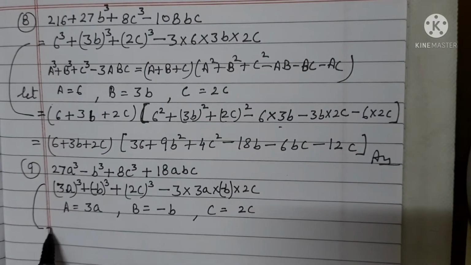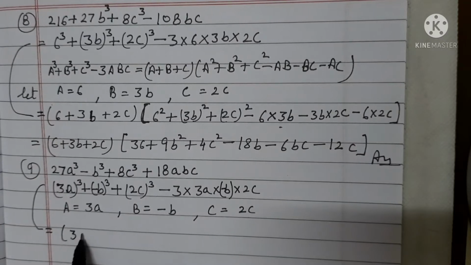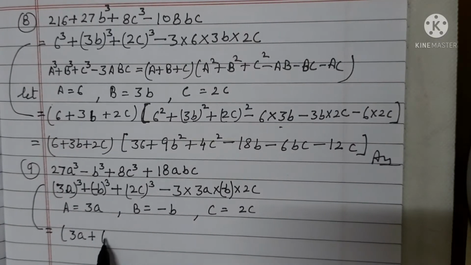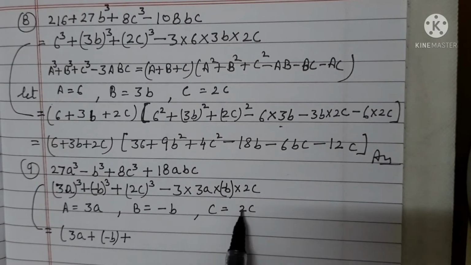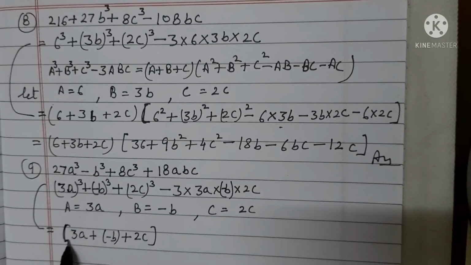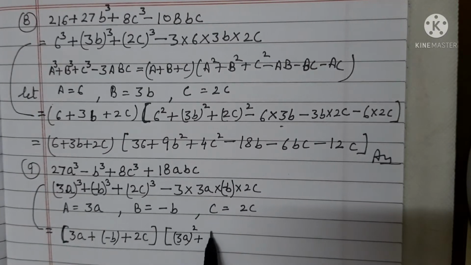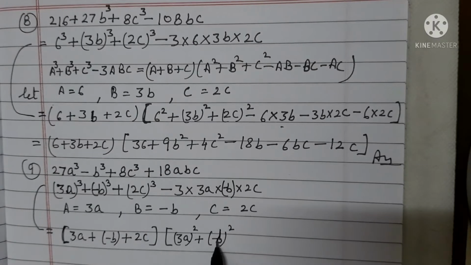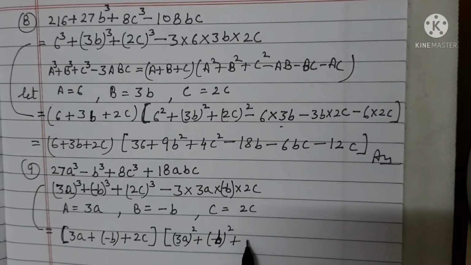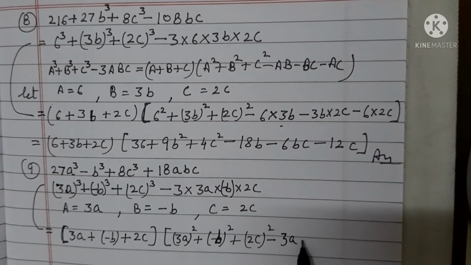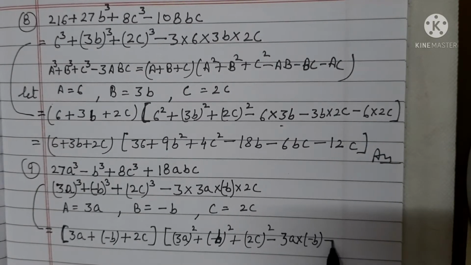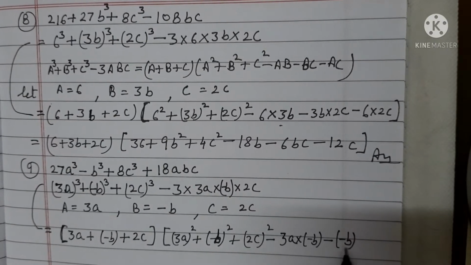So write here a plus b plus c means 3a plus, this is minus b, plus c means 2c, and a square means 3a whole square plus b square means minus b square plus c square means 2c square, minus ab means 3a into minus b, minus bc means minus b into 2c, and minus ac means 3a into 2c.